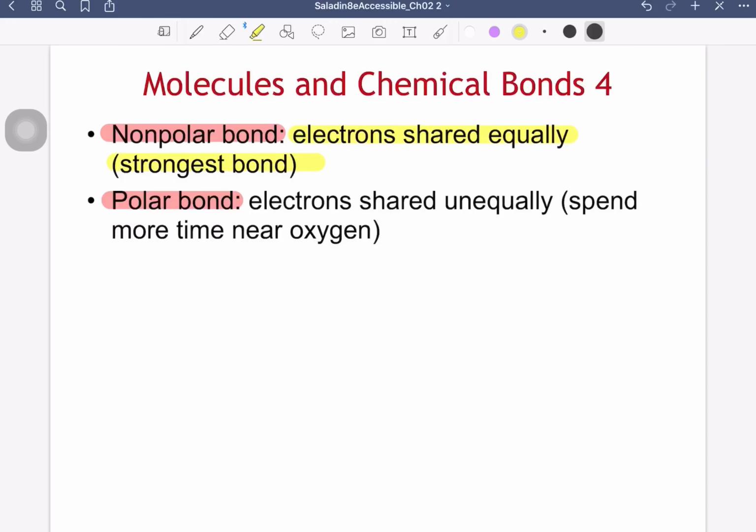So both of the atoms basically have equal time with it. Now, in a polar bond, the electrons are shared unequally. And that means one of the partners in this match gets the extra electron or electrons, on average, more time than the other. So it's unequal.